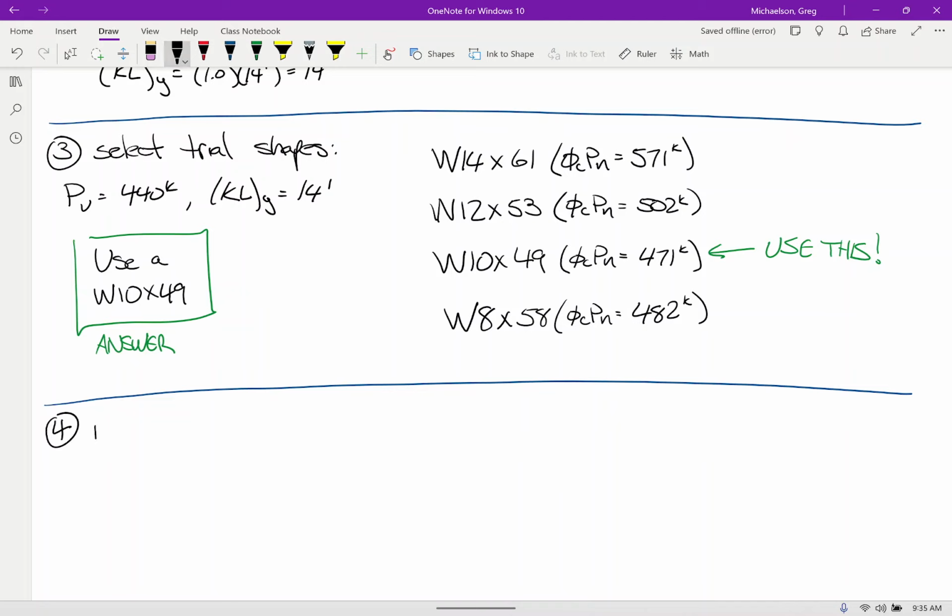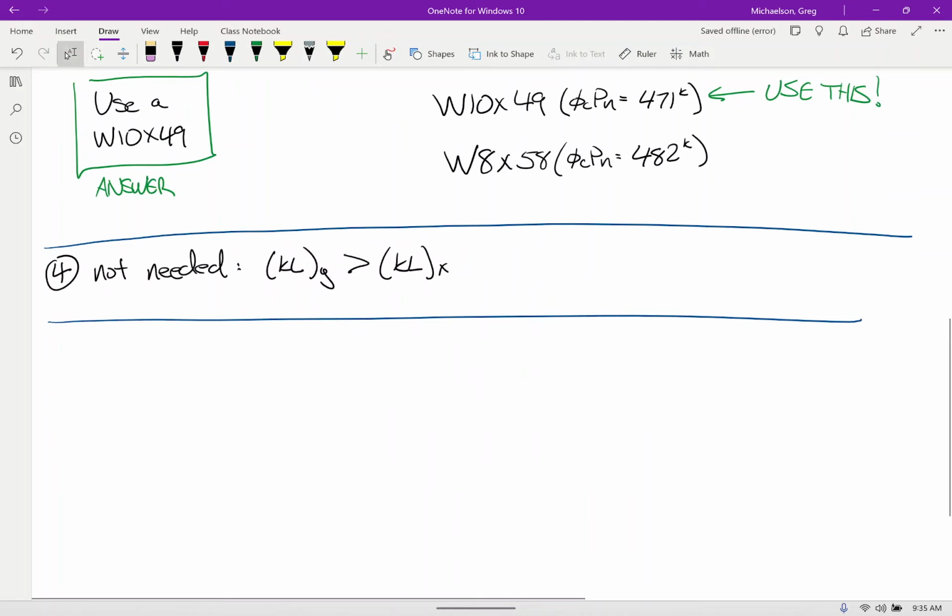So step 4, not needed. And that's because, well, let's just verify, make sure we did everything right.